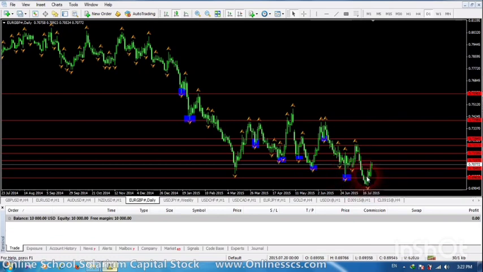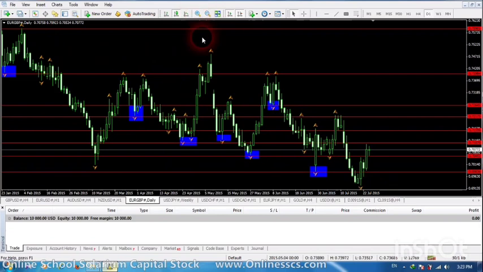But in here, the pivot has been broken. When a pivot is broken, you can start buying safely up until the next pivot. So I could have started a buy trade here. Let me zoom in. So I could have taken a buy order up until the next pivot, which is in this area.